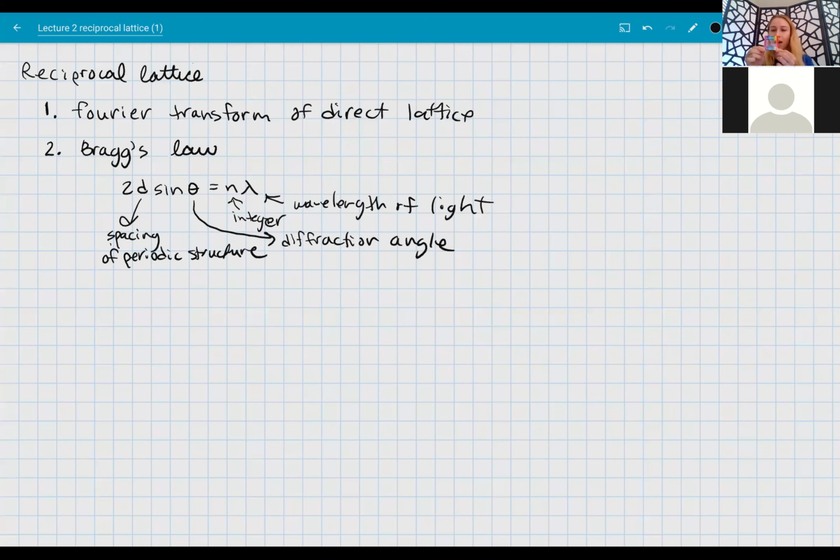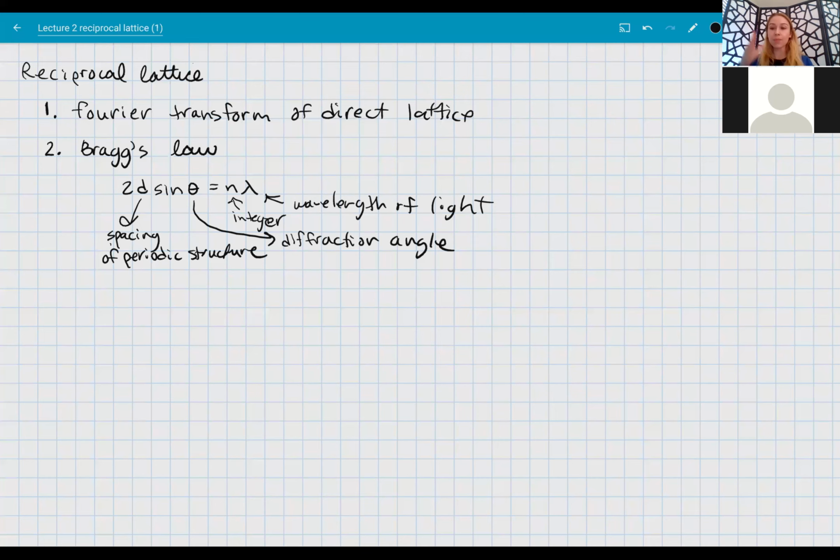So this is a diffraction grating. You might have done a demo like this in your earlier classes. And if we want to know what D is for this object, we just look at what it says. And it says 1,000 lines per millimeter.